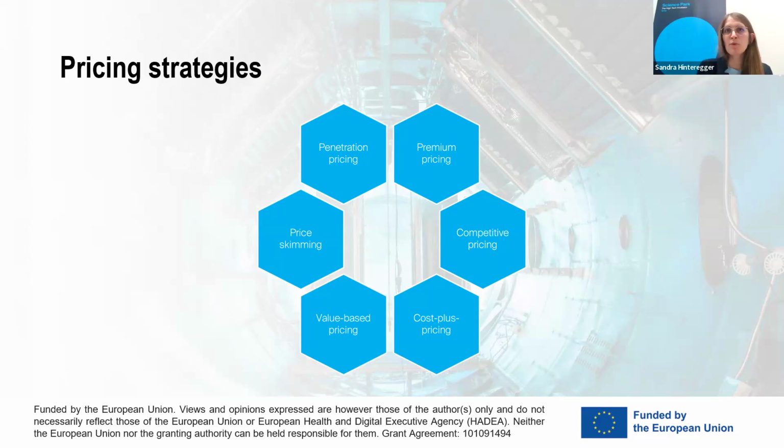Penetration pricing means that we set a low price to enter a competitive market and then raise the price later on. An example for this would be banks, which offer you a free account for the first 6 or 12 months and then start charging a fee afterwards.